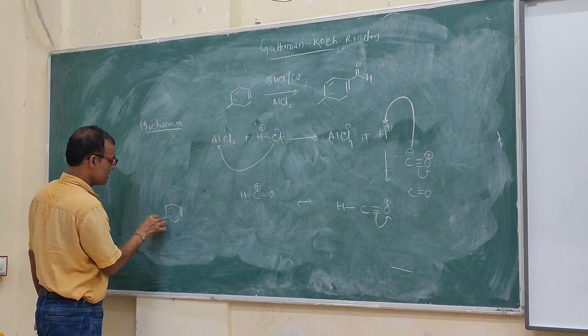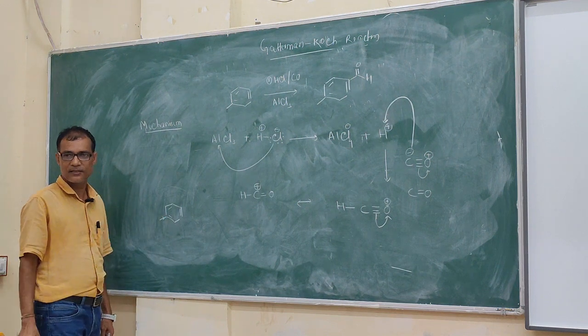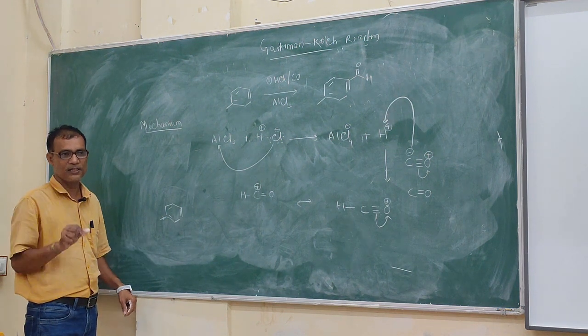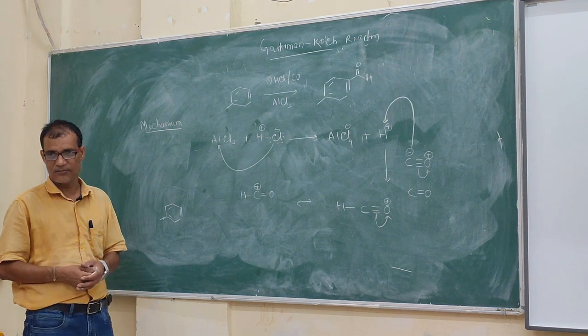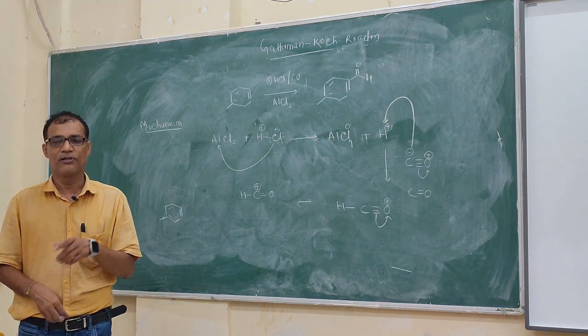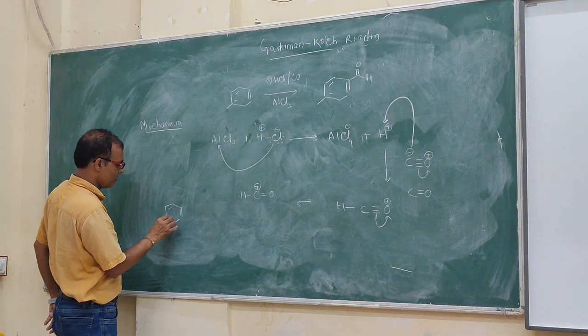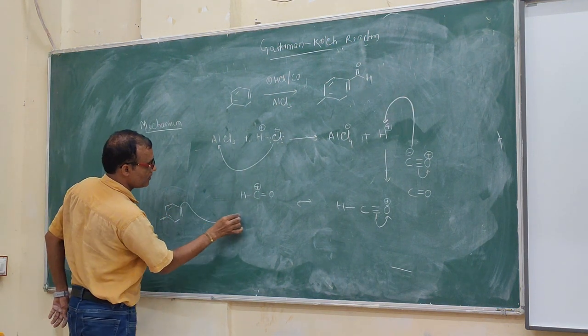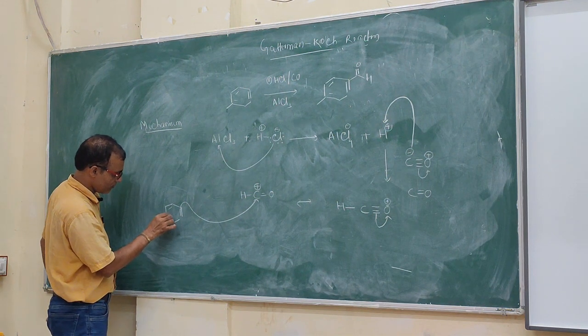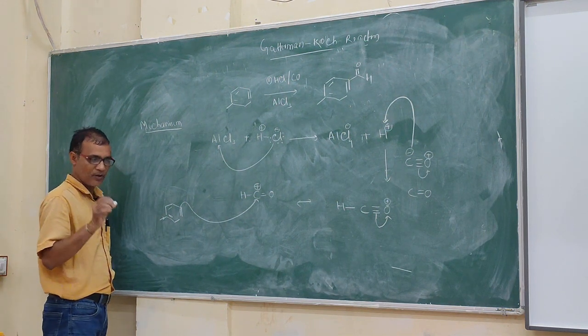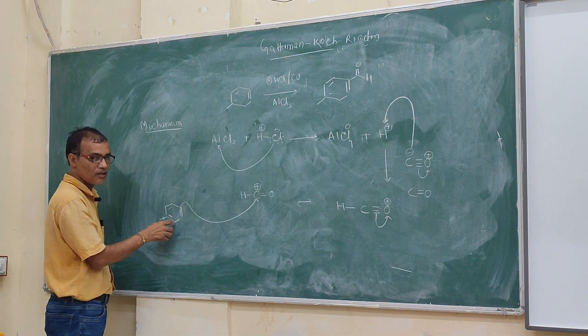Now you come to your toluene. Toluene is electron donating in nature. Methyl is electron pushing, though it doesn't have a lone pair of electrons, but it pushes electrons. That means it will direct ortho and para. So what will happen? Here I cannot just shift the double bond because there is no lone pair, but I can understand it will work either here or here.